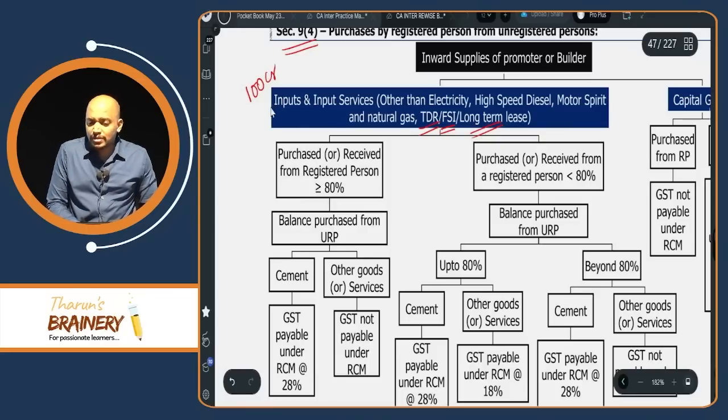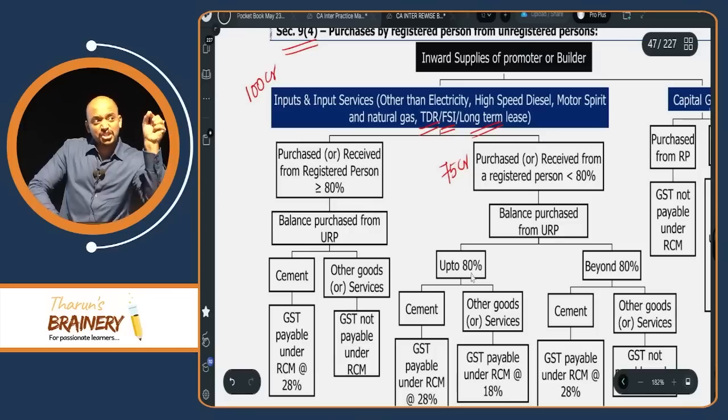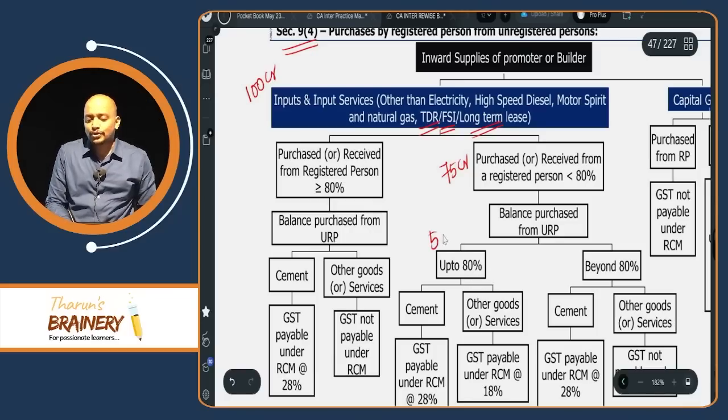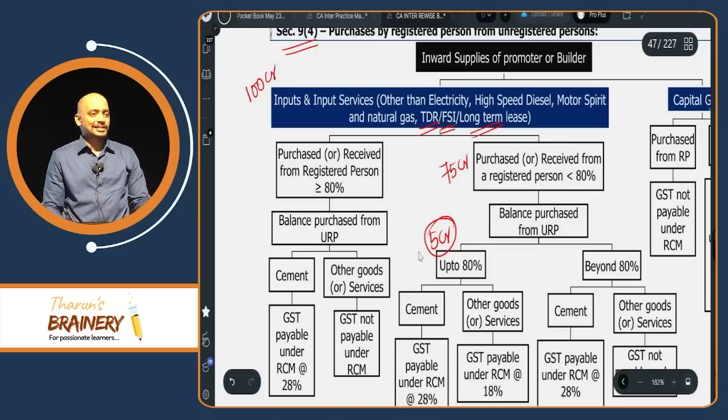In this 100 crores, you purchased from a registered person, say 75 crores. Is it less than 80 or more than 80? Less than 80. Now, what is the shortfall? 5 crores. So, on 5 crores you need to pay GST under RCM.